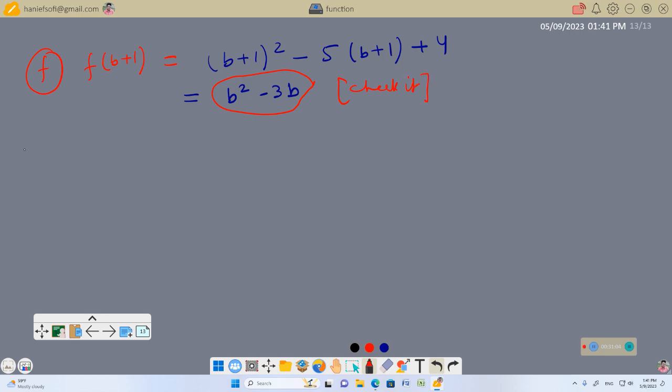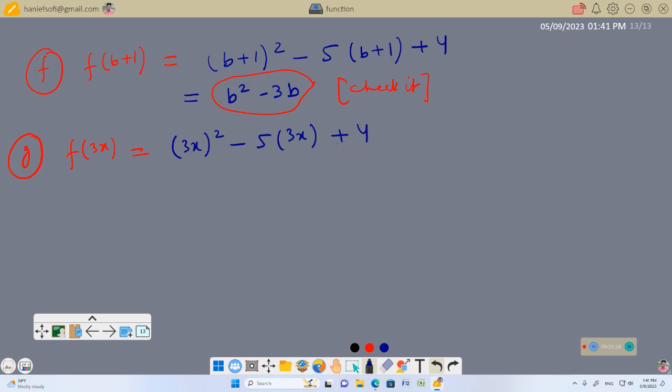Then let me do another part. G. What is f of 3x? So instead of x, write 3x. That means it is 3x square minus 5 times 3x plus 4.